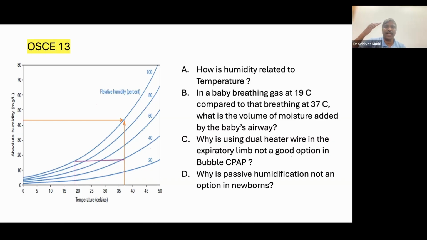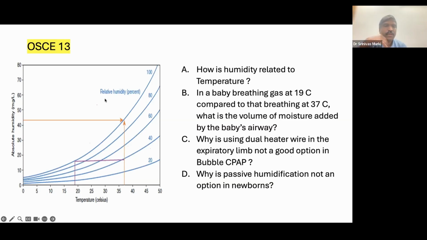Now that extra moisture has to be added by the body, and you see 20 ml per 1 liter of gas which the baby is breathing should be added for proper humidification of the airways. So this is very important for you to understand. If the baby is breathing air conditioned gases at 19, for every liter of gas going into the baby, the baby needs to add 20 milligram per liter. Okay.